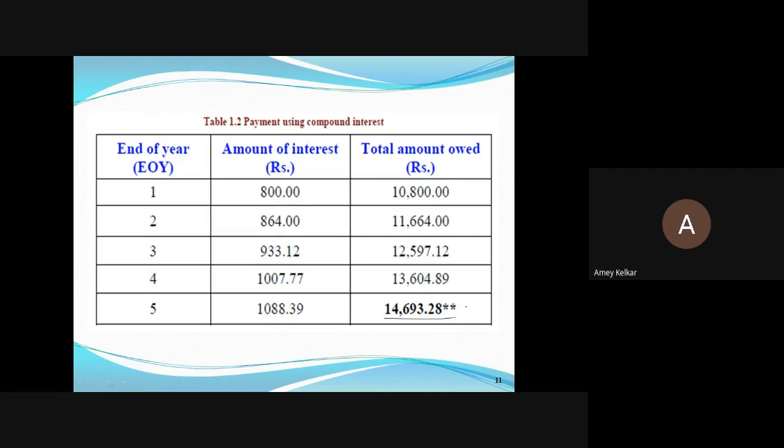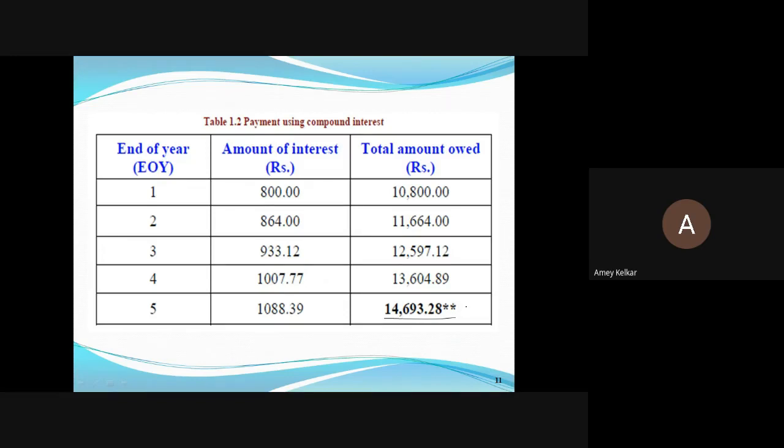So if this amount was given on simple interest, that 693.28 would not have come in the picture. But as this amount is considering compounding interest, this increased by 693.28. So now this is the basic difference between simple interest and compound interest.